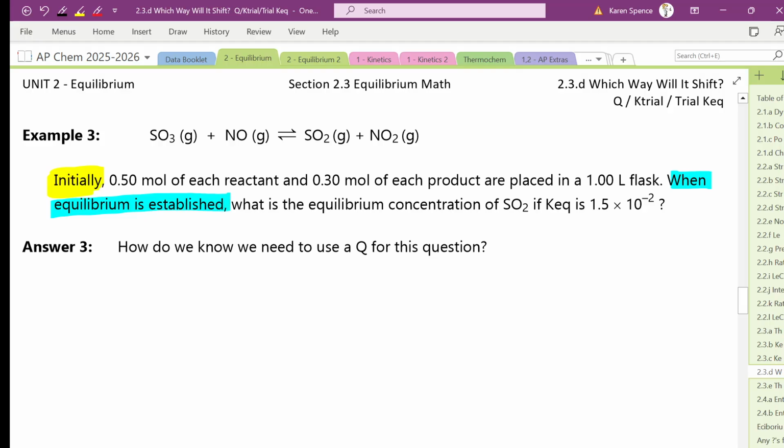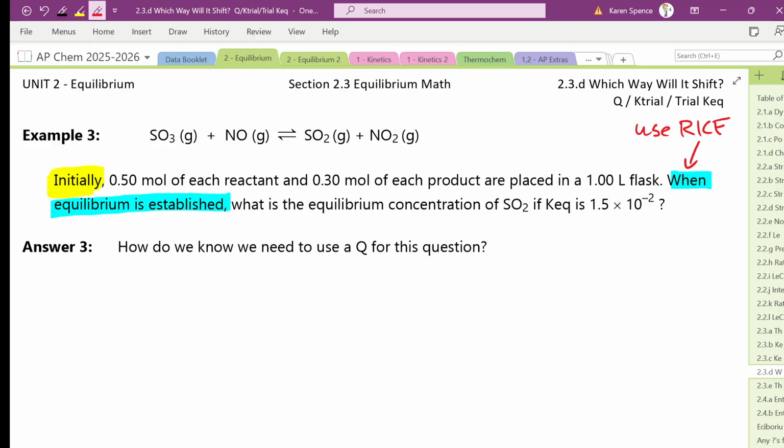We've got an initially. We also have a when equilibrium is established. Okay, so this tells us that we will need to use a rice table. So we're going to use all of our tools here.